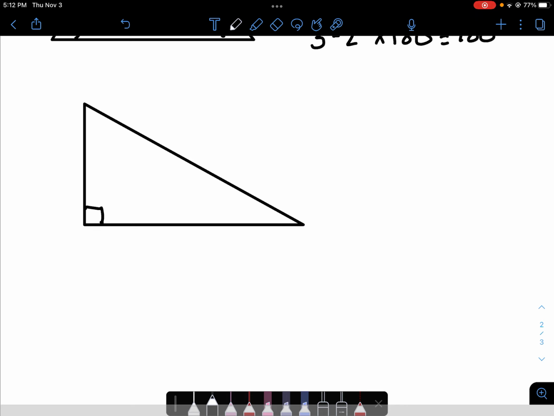And we remember that our right angle equals 90 degrees. And the sum of angles in a triangle equals 180 degrees. So we can assume that this angle 1 and this angle 2, when added together, are complementary, or 90 degrees.